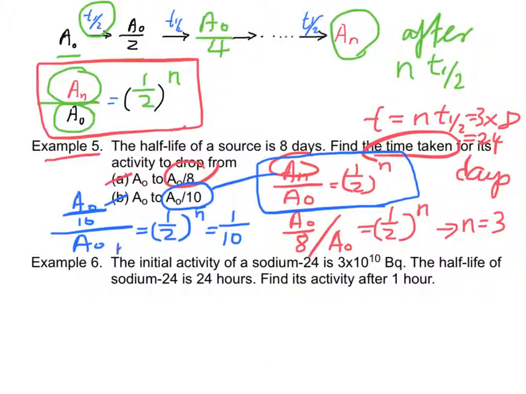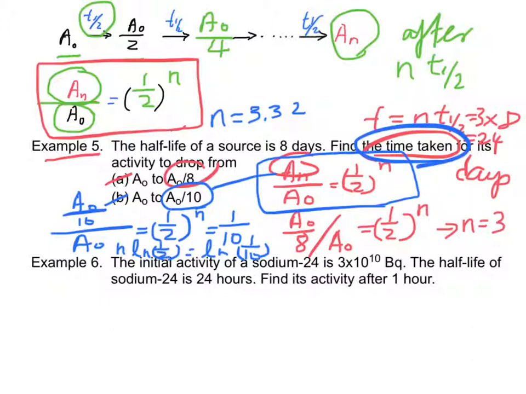Therefore, n log 1 over 2 equal to log 1 over 10. Therefore, we have n equal to 3.32. As a result, the time taken is t equal to 3.32 times 8 equal to 26.6 days.